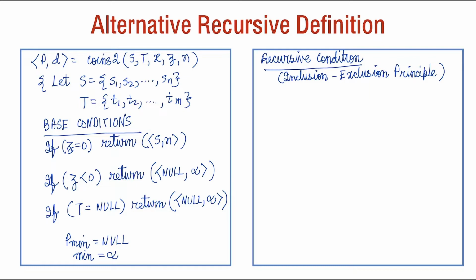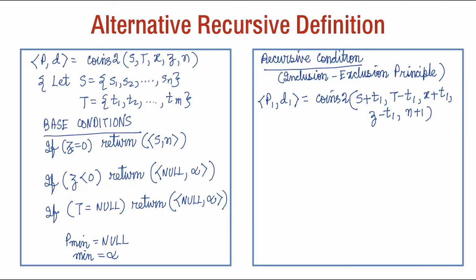So how do we do that? We generate 2 subproblems, one by selecting T1. So to take T1, we remove T1 from T, it gets added to the value, it gets deducted from the value, and n is incremented by 1.